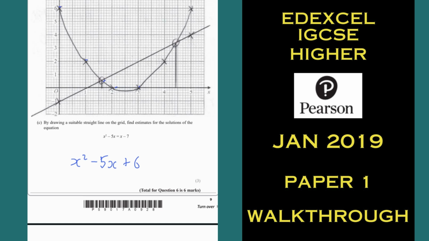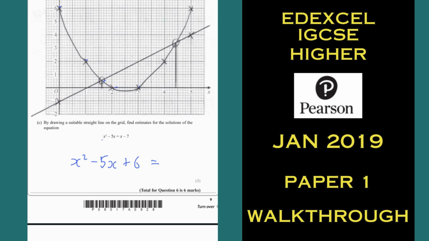Now, you can't draw the graph of x squared minus 5x. That'll give you another graph. It'll be same sort of shape and size, different place. It doesn't say draw a new quadratic. It wants you to use the old quadratic. So the question is, what's different?